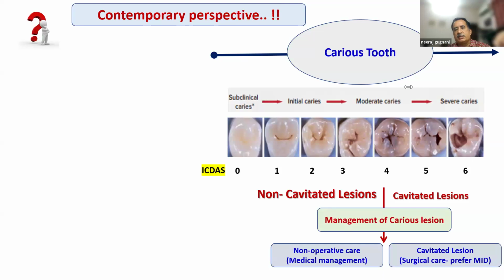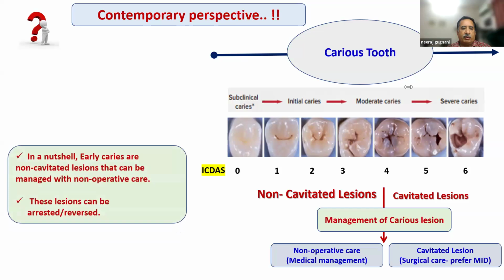As postgraduate students, if the question is asked about the contemporary perspective of caries, broadly classify between non-cavitated and cavitated lesions. Do mention the various classification systems which help us to record these lesions in all these stages, specifically ICDAS, and then you can divide into two broad categories of management: non-operative care and surgical care.